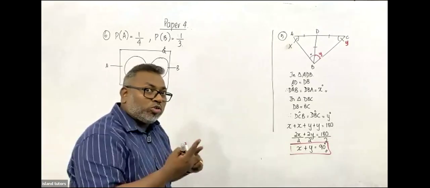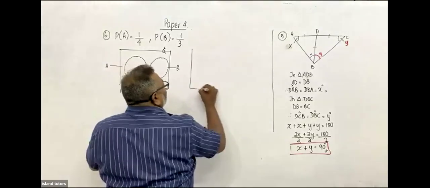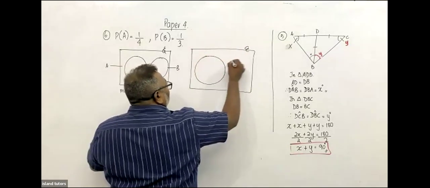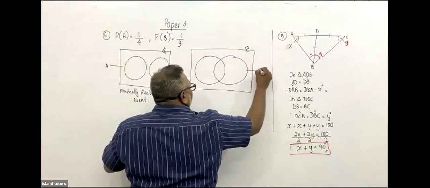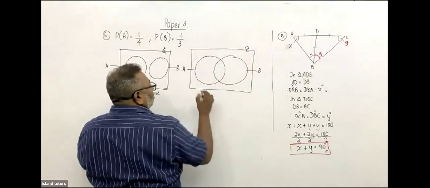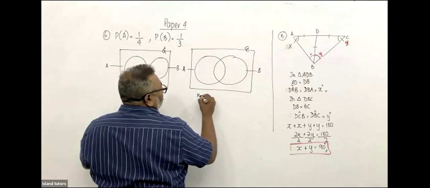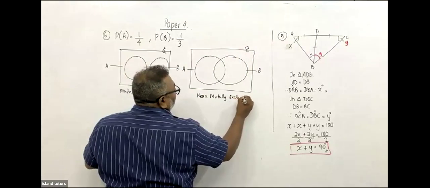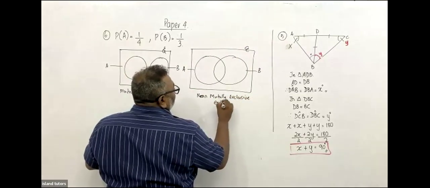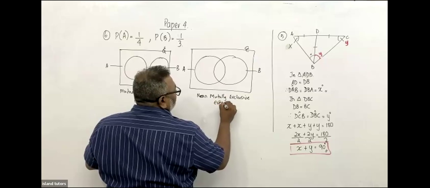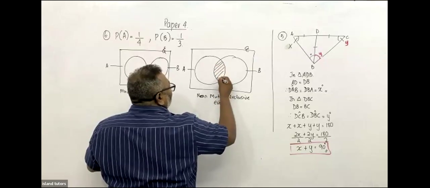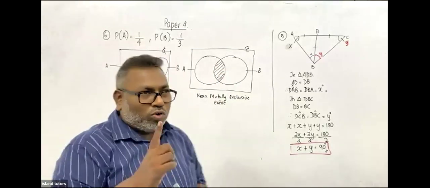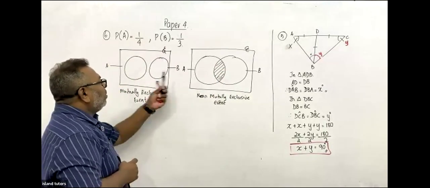What is a non-mutually exclusive event? You can see there is an intersection. There is a common area between these two.